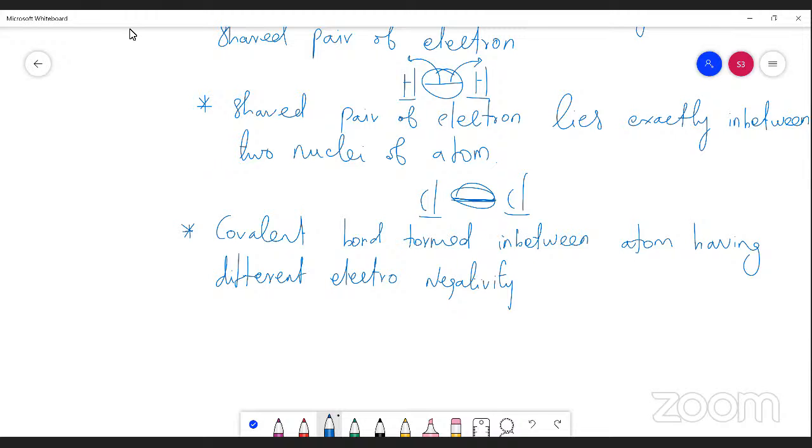Here, one atom has higher electronegativity than the other atom.